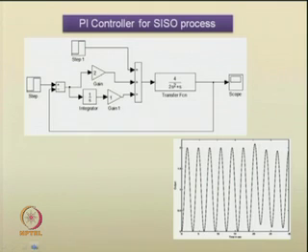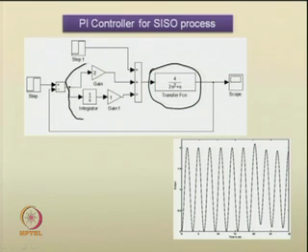Coming to the PI controller for a SISO process. Here we have a SISO process given by the transfer function 4 upon 2 s square plus s, and a PI controller with proportional gain 2 and integral gain 1.